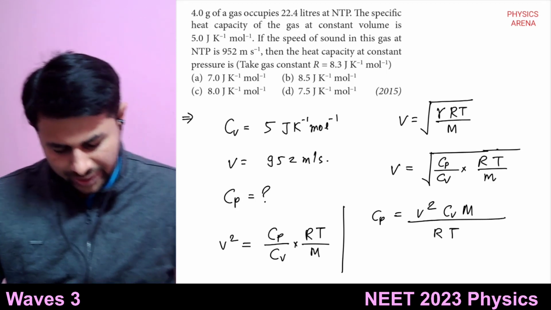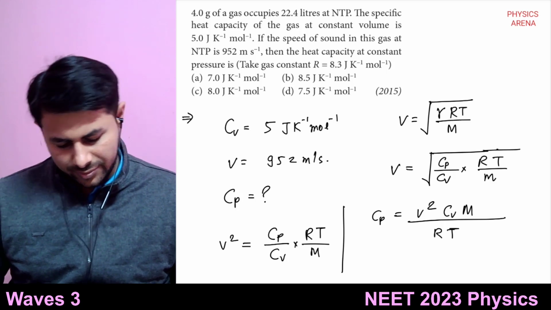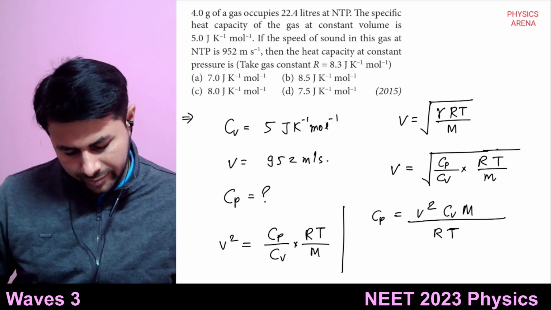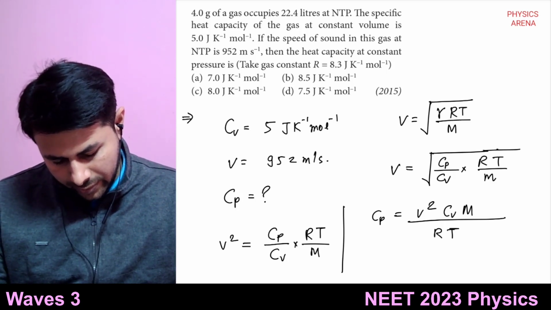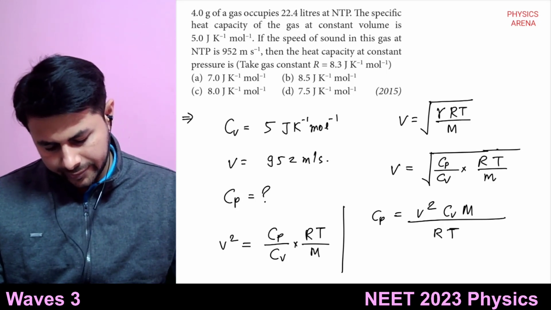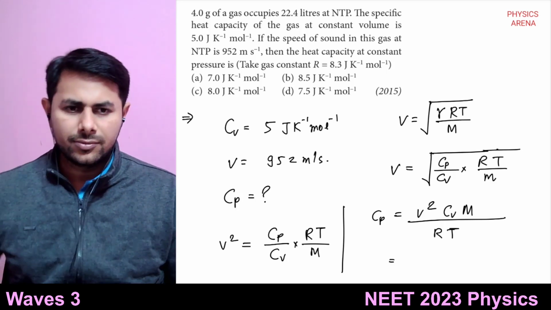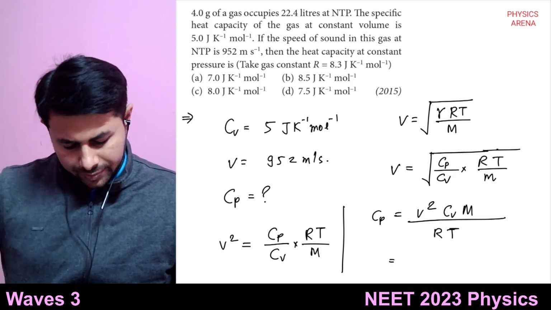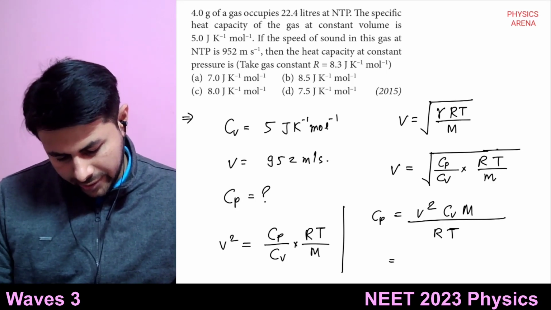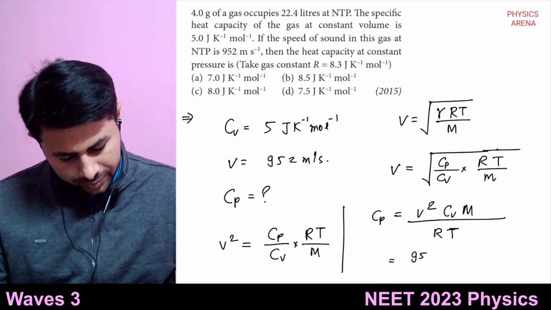Oh, it is a very lengthy calculation. So V square, 952.